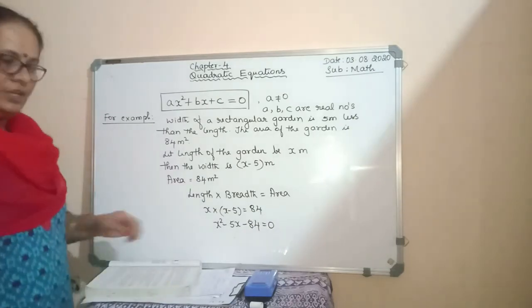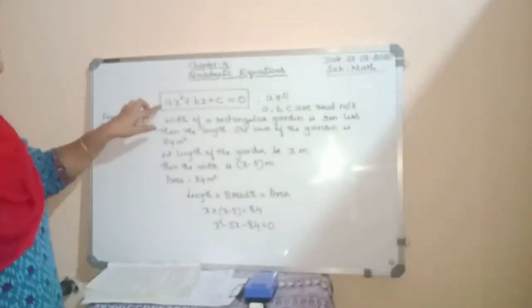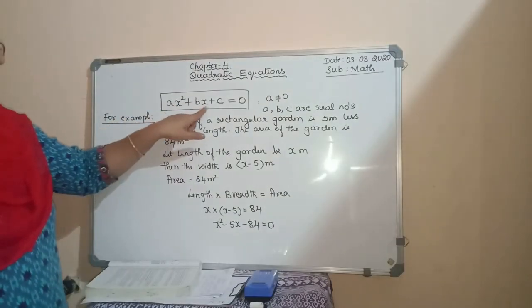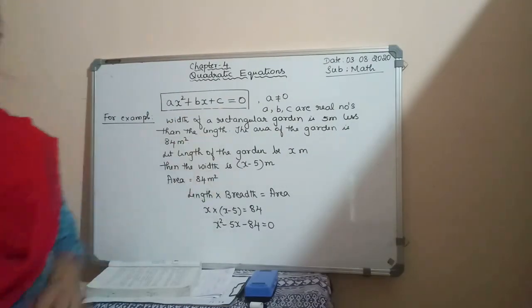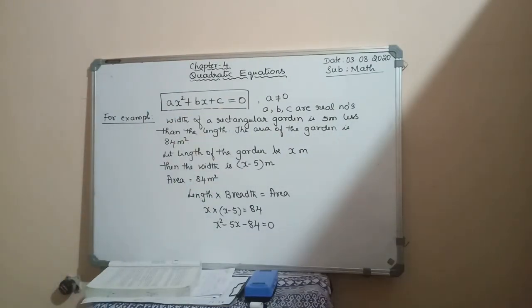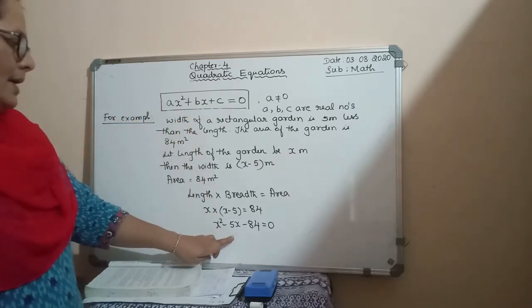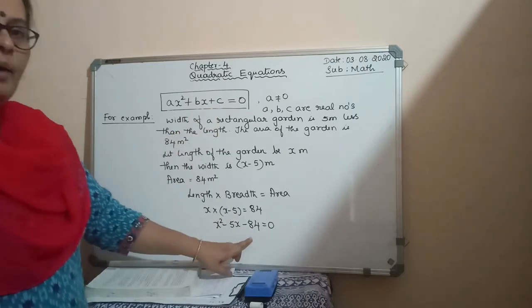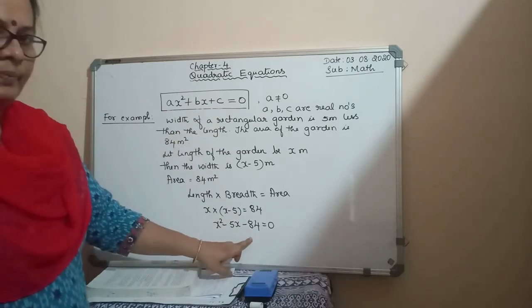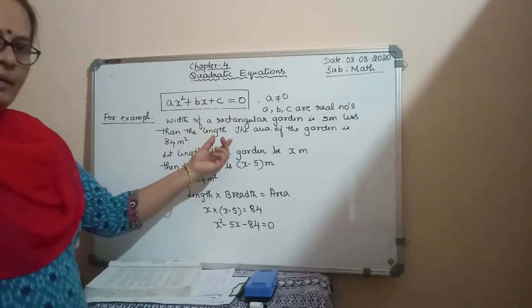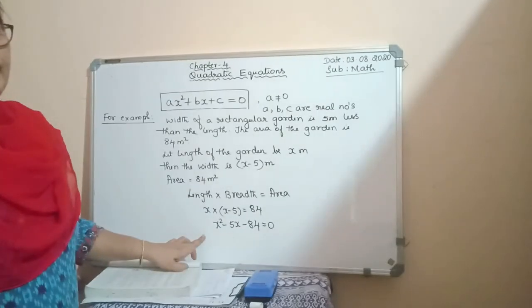Now this equation is in the standard form, ax square plus bx plus c equals 0, where a is equal to 1, b is equal to minus 5, and c equals minus 84. Now the statement is converted to a mathematical statement, right?